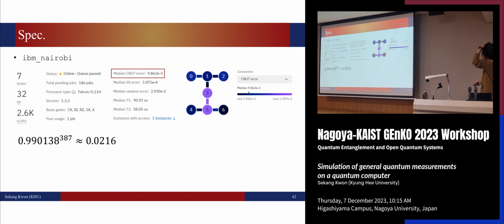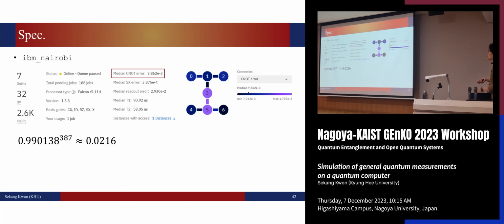This is the spec of IBM Nairobi. The median CNOT error is about 1%, so we can estimate the gate fidelity at about 99%.